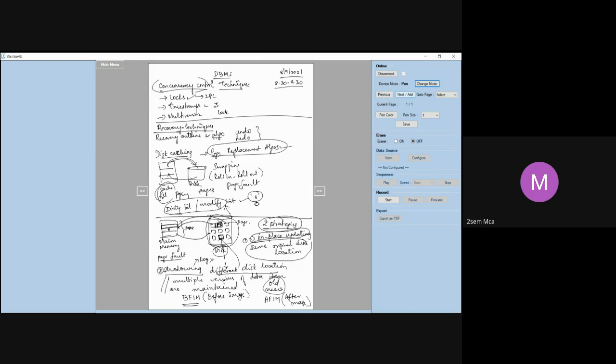So let me quickly summarize that. We saw two different techniques for updating the modified data item or modified buffer back into the disk. One is in-place updating and the other one is shadowing. In-place updating means you are writing it back to the same original disk location from wherever it was moved.